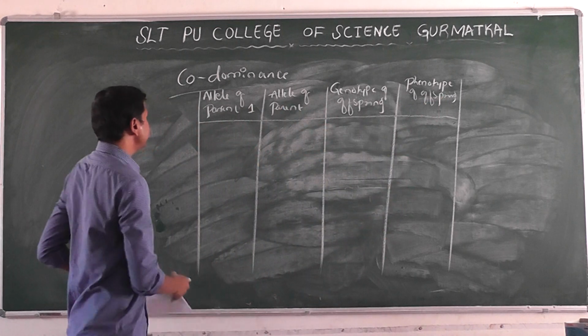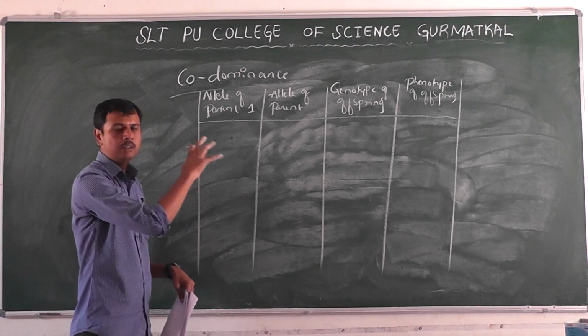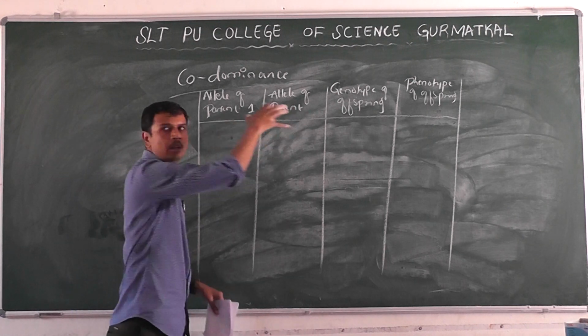The phenotype is nothing but the blood group of the offspring. Parent 1 and parent 2 are considered like the mother and the father.